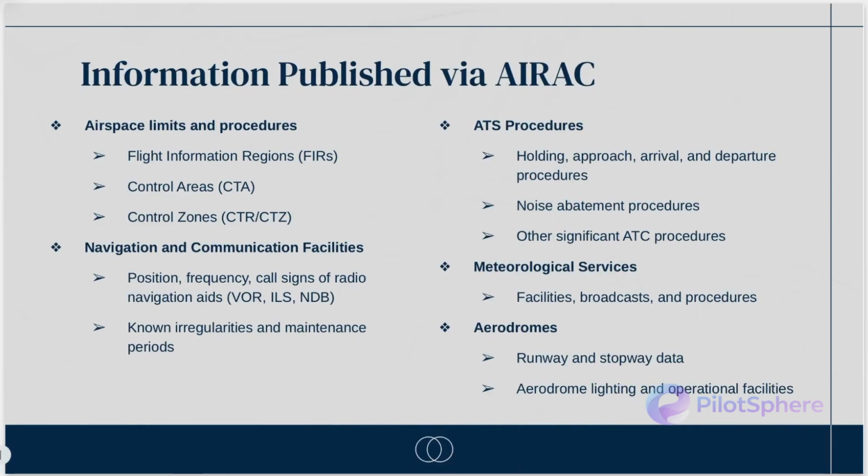Now here's just a little list of all the information that can be published via the AIRAC. I gave you an example that maybe a navigation aid or an instrument procedure has to be changed. There are all of these things which can be there. And when the AIRAC amendment or the AIRAC cycle is published, the authorities also issue a trigger NOTAM. The trigger NOTAM indicates to all flight crew, as I said, that an AIP supplement or an AIP amendment is going to be changed.